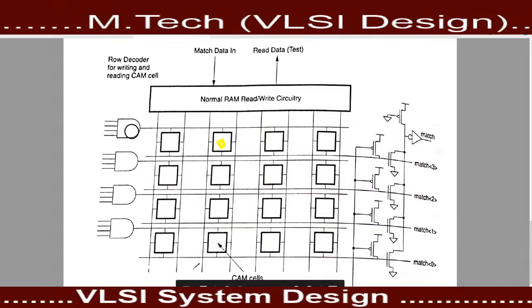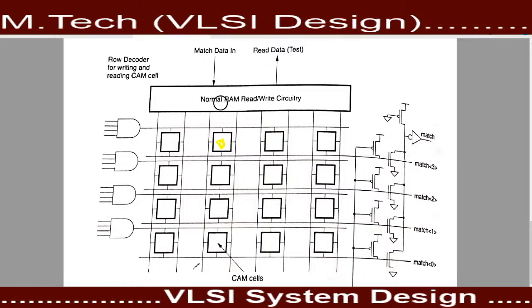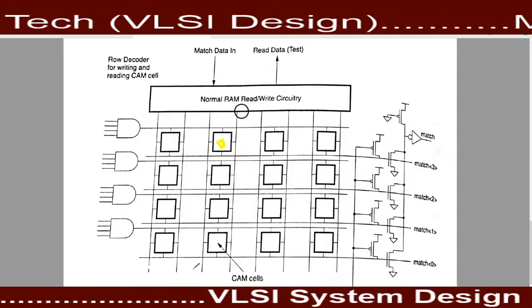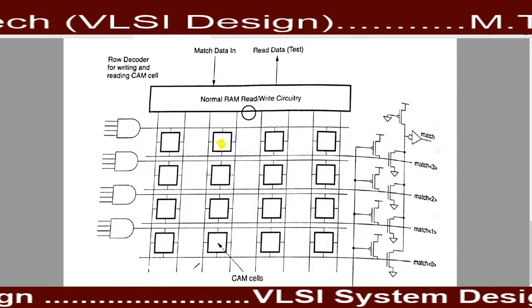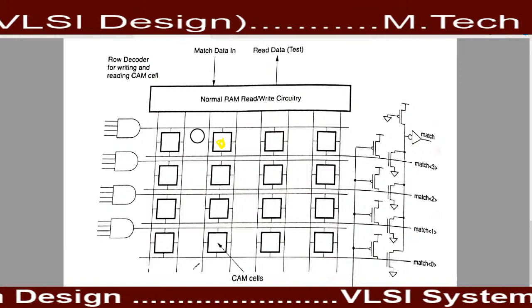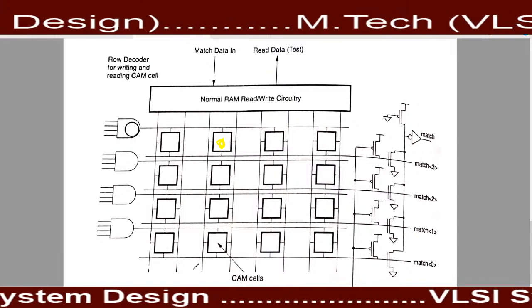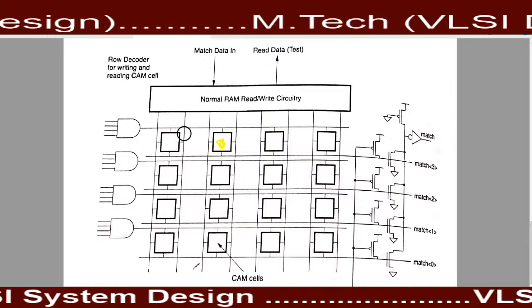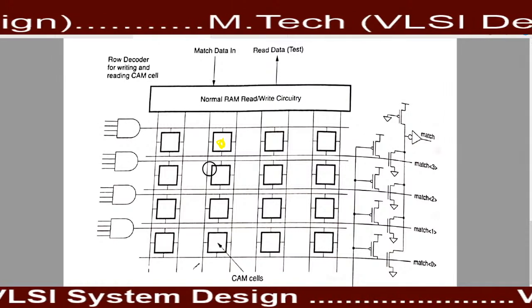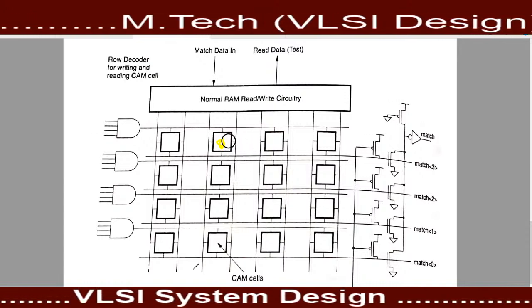Here this AND gate is used to provide a word line, and the vertical lines are the bit lines. The vertical lines connected with the CAM cell are the bit lines, and the horizontal lines connected with the CAM cell are known as word lines.